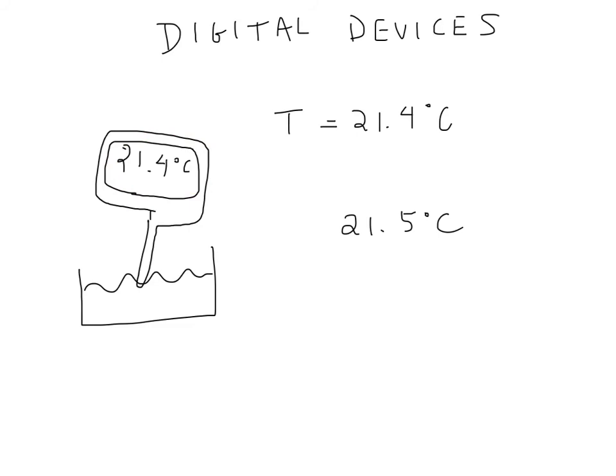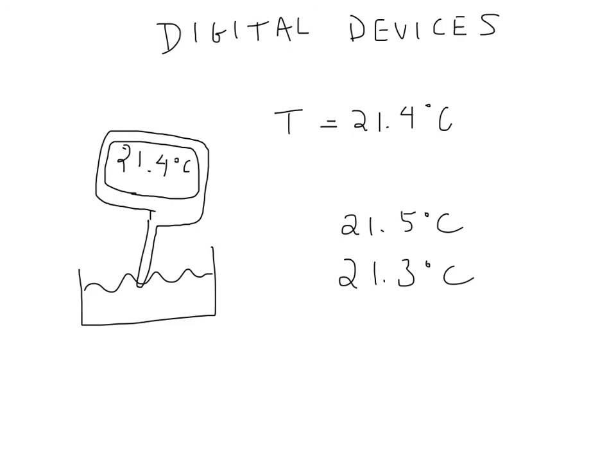Because if that were our actual temperature, then that's not what we would see on the screen. And likewise, if the actual temperature were 21.3, or anything below 21.3, then we wouldn't see 21.4 on the screen, because the computer already has another way of reflecting 21.3. It's by showing 21.3, right?